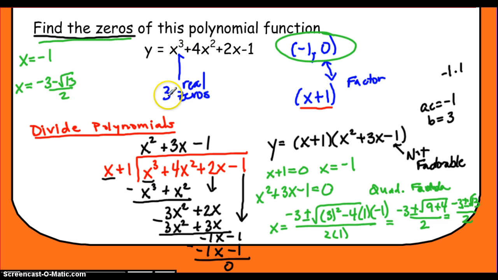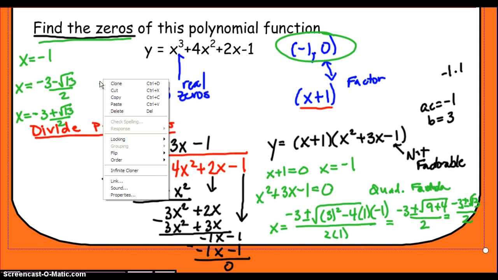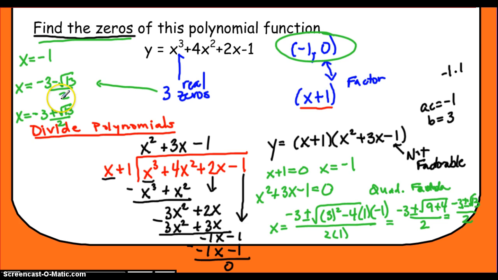And our third, since we know they're all real, would be x equals -3 plus the square root of 13, over 2. So we know that there were going to be 3 zeros. Here are the 3 zeros. We know that one of them was rational because we were able to see that on our graph, and we know that 2 of them are irrational.